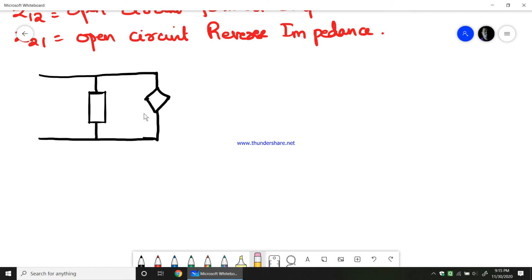Not in parallel, I'm sorry. This will be in series. This is Z parameter, so this comes in series.